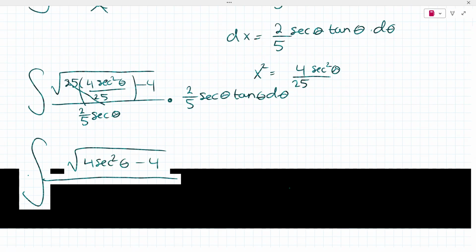And when you do the algebra, the 2/5 cancels, and the secant theta cancels. So you're still left with this tan theta d theta, and then all over 1.